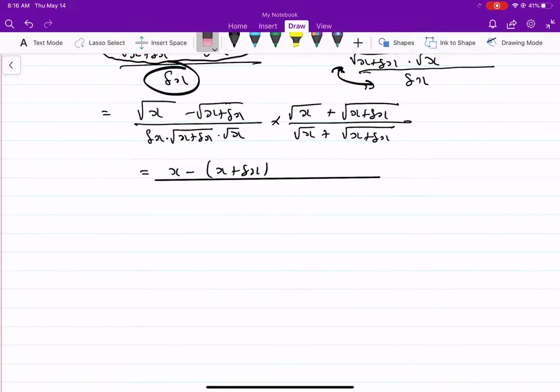All upon, I'll have delta x times the root of x plus delta x times root x, all into, because remember I'm multiplying these two, into this piece, which is root x plus the root of x plus delta x, like so.